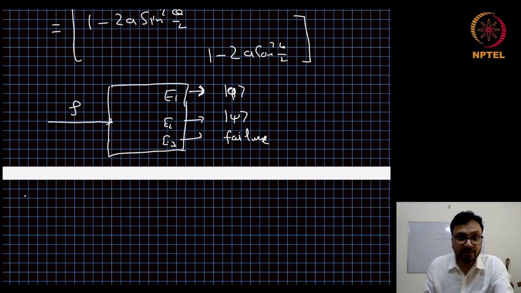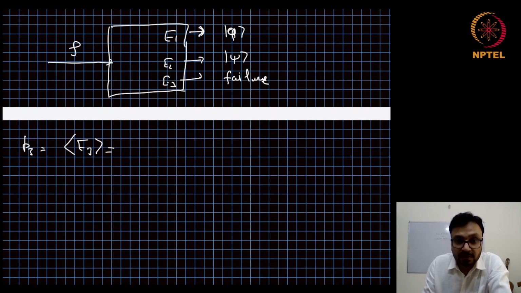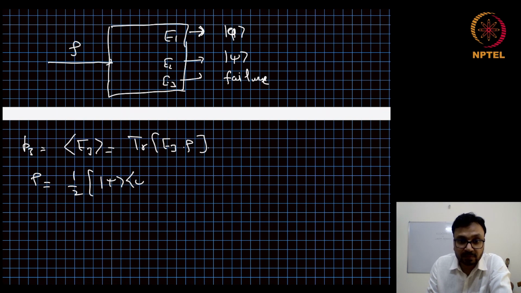So the probability of E3, that is the expectation value of E3, will be trace of E3 times rho, and rho is half times psi plus phi.